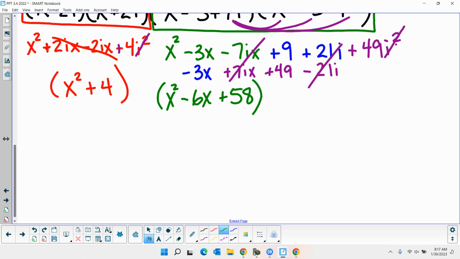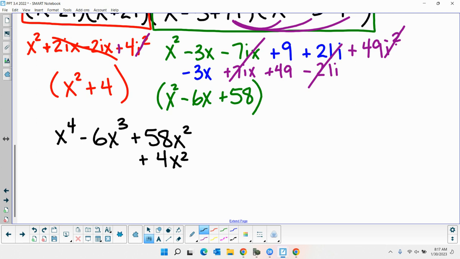Okay? So x squared times x squared is x to the 4th. X squared times negative 6x is negative 6x to the 3rd. X squared times 58 is 58x squared. So there's 3 of them. All right, remember I need 6 total. Then I'm going to go 4 times x squared, which is 4x squared. Those are like terms, so I'll put them under. 4 times negative 6x is negative 24x.